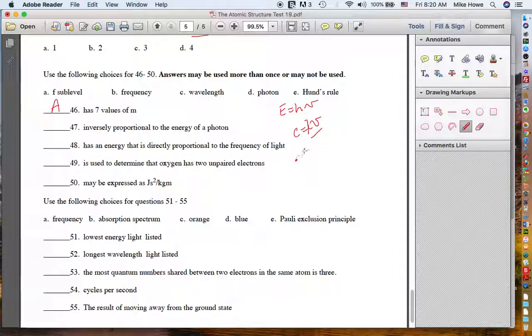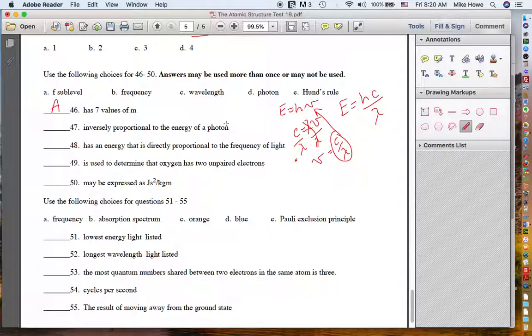And if I did divide both sides by wavelength, it would cancel on this side, and I would have this equation, nu, right here, is the same thing as C divided by wavelength. Then I could take this and plug it in right there. So I'd have a new equation, E is equal to H times C over wavelength.